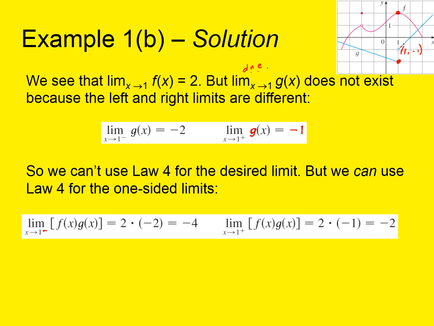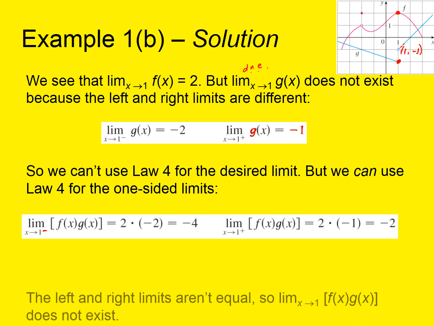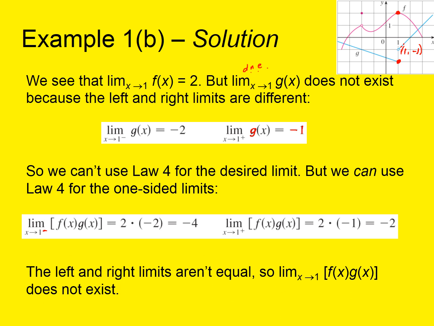And from the right, we would use this -1 instead, along with the 2, to get -2. The left and right limits aren't equal, so the limit as x goes to 1 of f of x g of x, with no left hand limit, no right hand limit, just going to 1, simpliciter, does not exist.